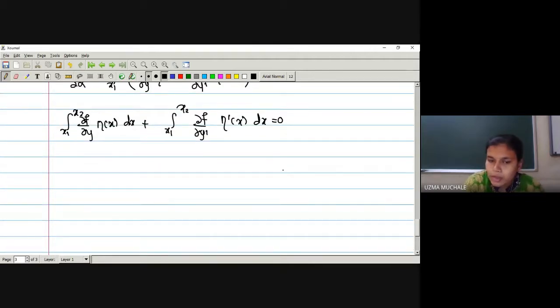So now we have to use integration by parts if we want to find the integration, because f is not known to us, and η is also not known to us. So you can keep this as it is. But we can evaluate the second integration, or second term, by using integration by parts. Okay. So let me keep this first term as it is, integration x1 to x2, because we don't know what f is.